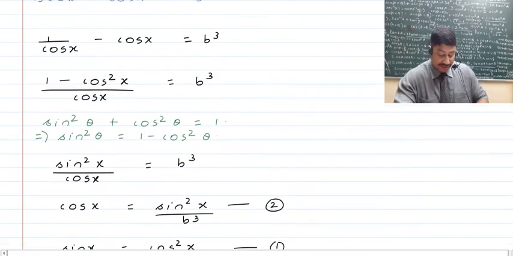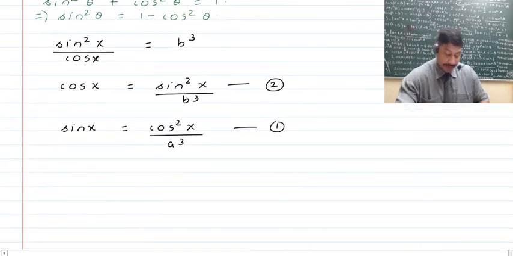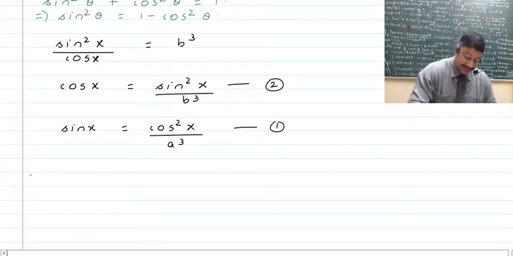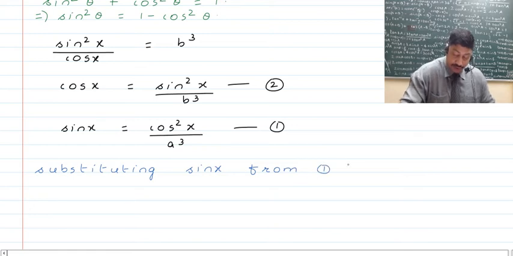And this value of sin x is going to be substituted in the second equation. So this is the next step that we write, that is substituting sin x from equation number 1 to equation number 2.